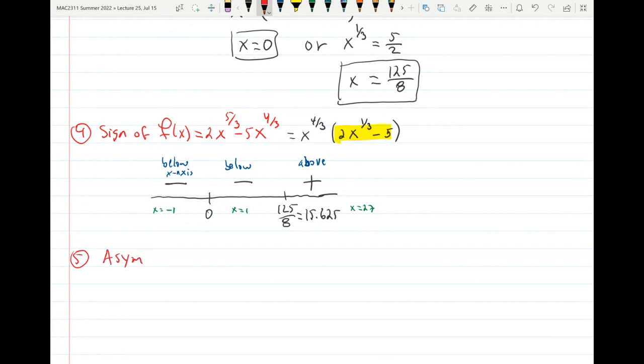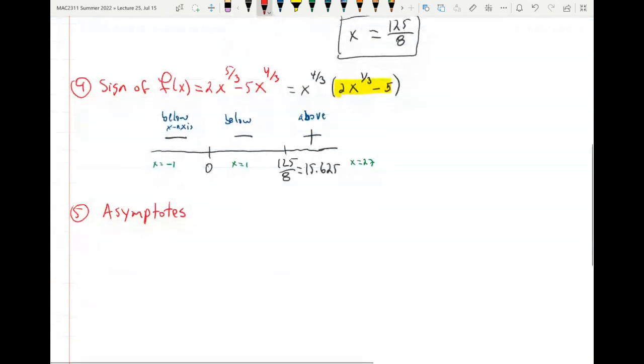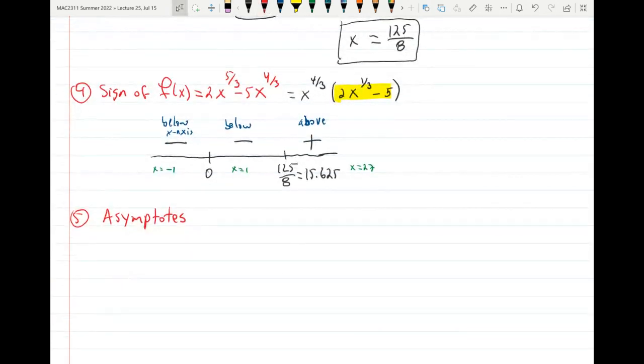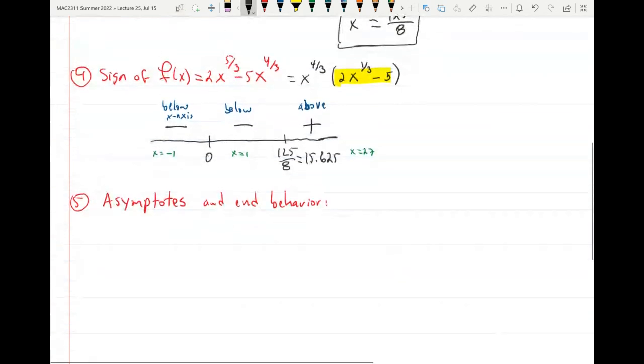I'm taking my time, doing it slowly and explaining the steps, because the idea is for you to see slowly how to graph the functions. But of course, you can do these things a little bit faster when you're working on this. So let's find the asymptotes and then the end behavior.